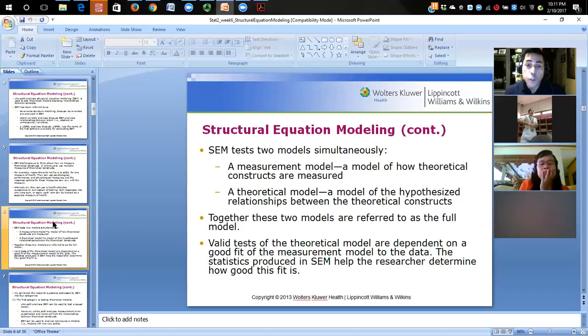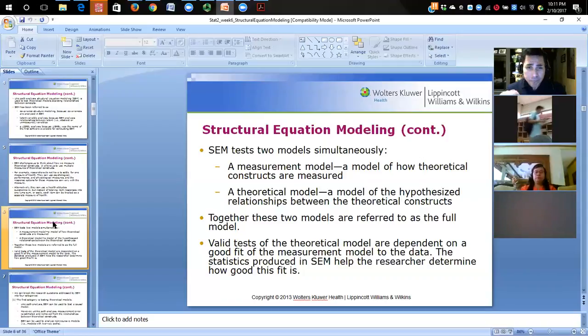You already have a theory, and these different constructs of the theory are already measurable by a valid and reliable scale. I hope this is very clear: we cannot do structural equation modeling if we don't have a scale that can measure the constructs in your theoretical construct.